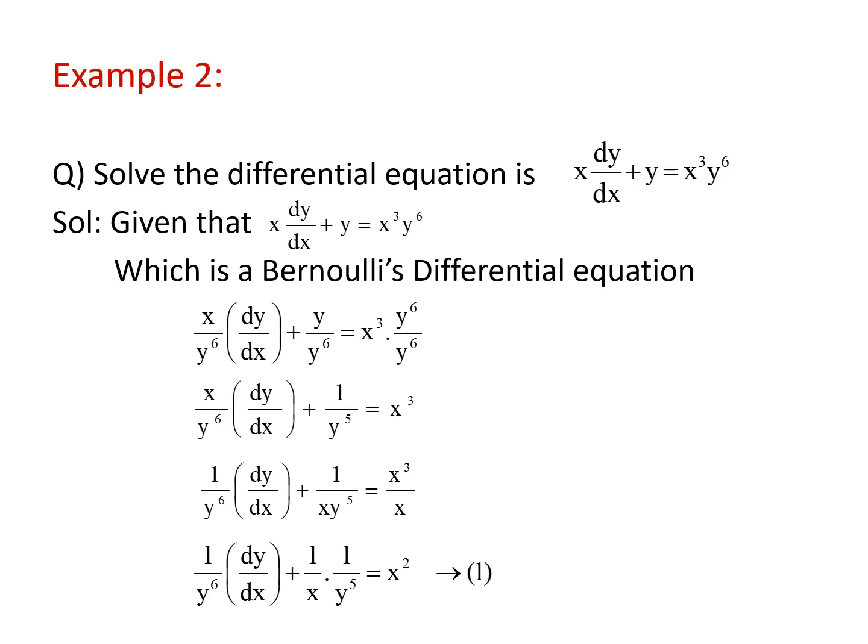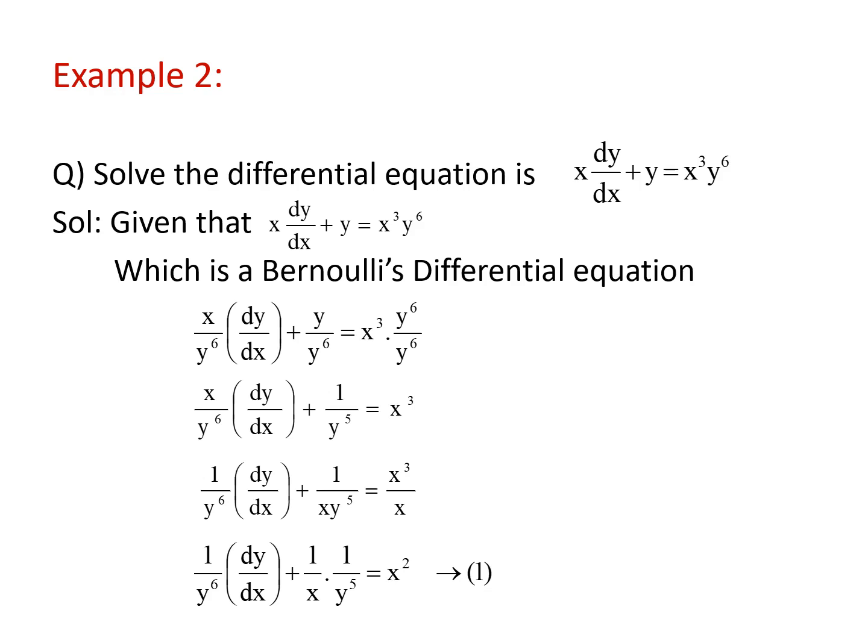What we did in this line is divide throughout the equation by y power 6. Then the given equation becomes x by y power 6 into dy by dx plus y by y power 6 is equal to x cube into y power 6 by y power 6.